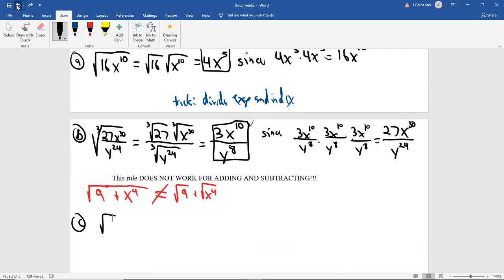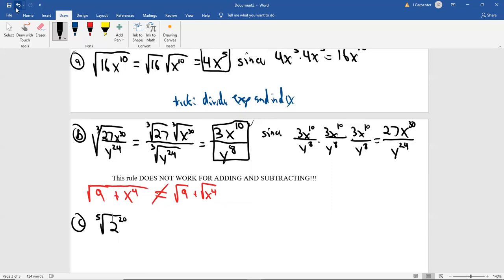Let me go with the 5th root of... Oh, what do I want to do now? I just ruined a problem, so now I got to make one up. 3 to the, no, let's make it a 2. To the 20th.